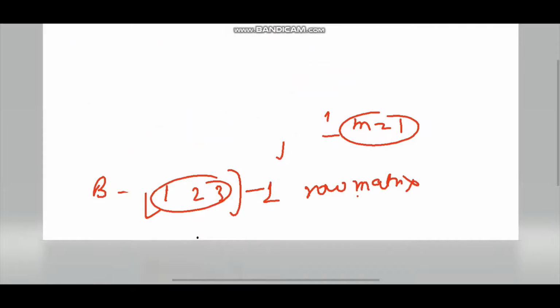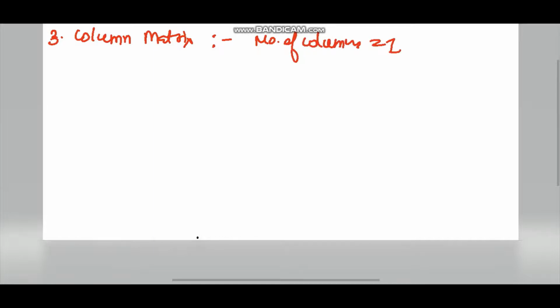Next we have the column matrix. A matrix is called a column matrix when its number of columns is equal to 1, meaning n is equal to 1.